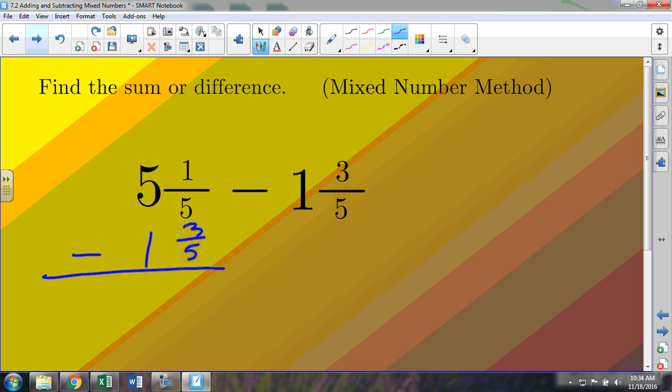Just like when you were taking something like 21 subtract 13, you couldn't take 1 subtract 3, you had to learn how to borrow. Well, when we borrow, we saw that we could just take off and carry over this 1. A lot of times students will want to take this and borrow and bring over the 1. That's not correct with fractions.